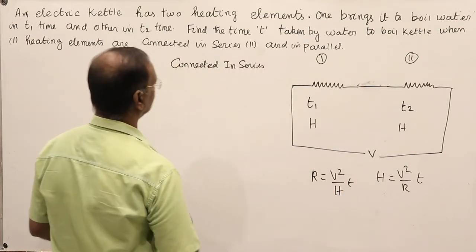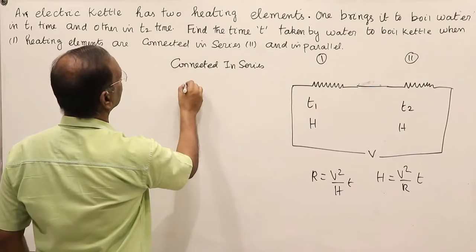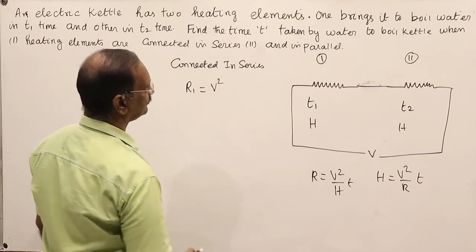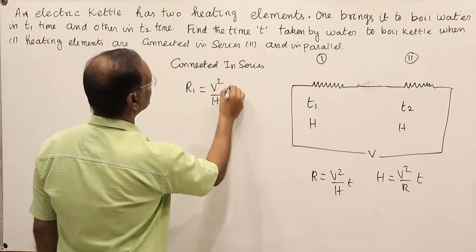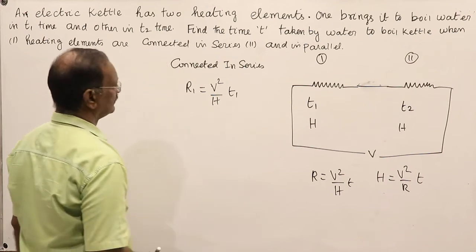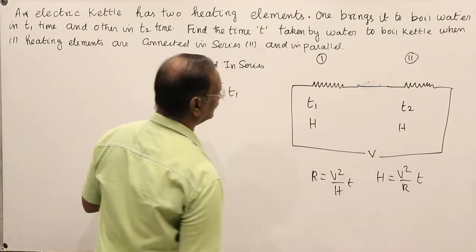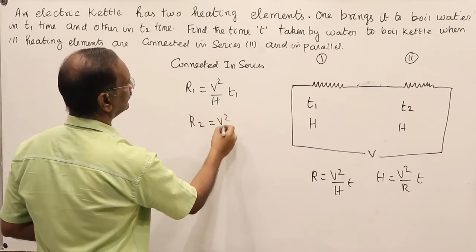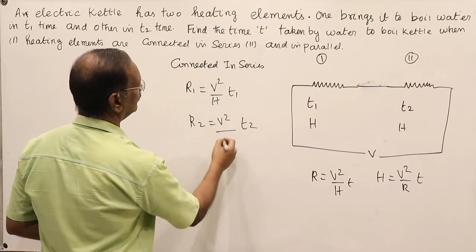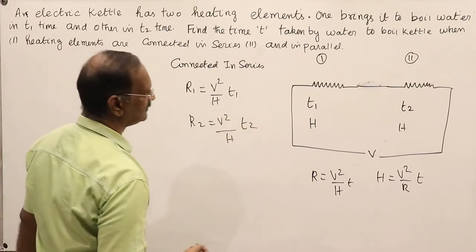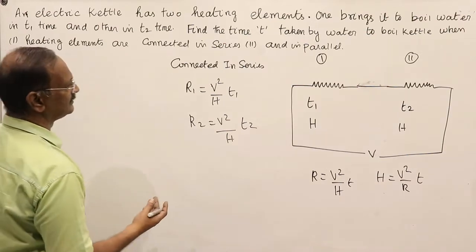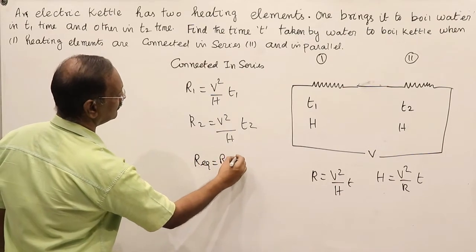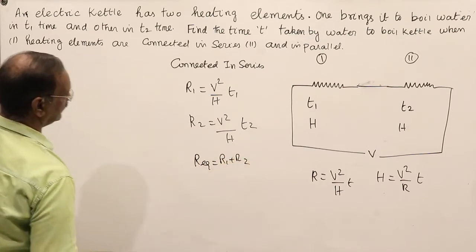Since H is common for both, for the first one R1 is equal to V square T1 by H, because the applied voltage, the net voltage, is the same. And R2 is V square T2 by H. When both are connected in series, R equivalent is equal to R1 plus R2.